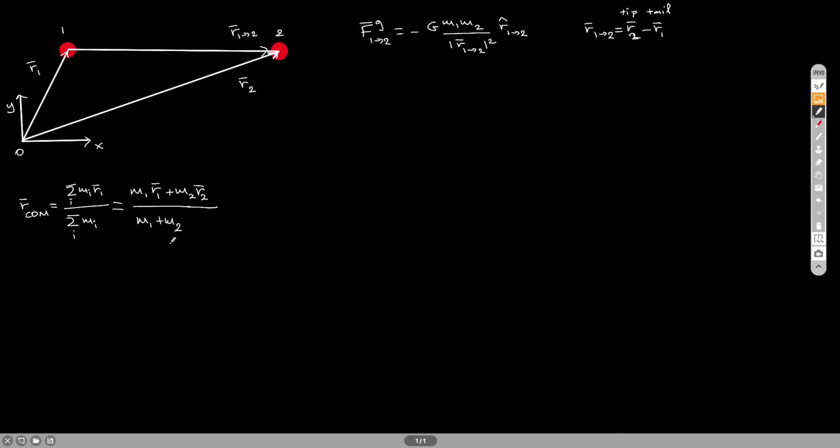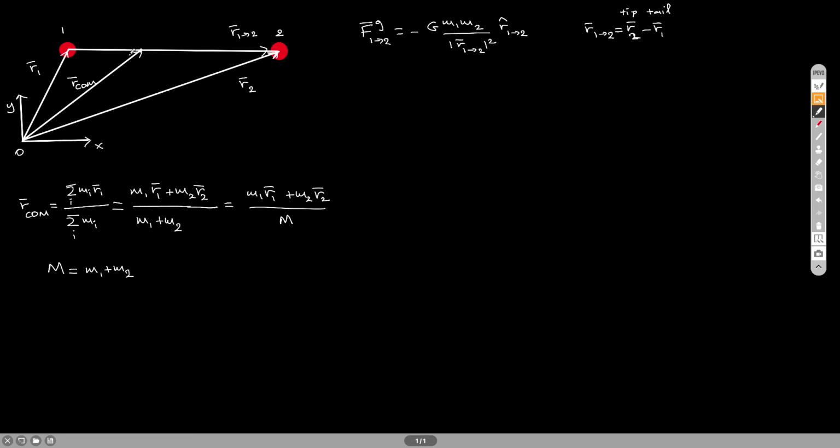Let's use the big M for the sum so that I will write less: m1 r1 plus m2 r2 divided by the big M. And we do know that the center of mass will be somewhere on this line, and the exact position really depends on the two masses. So this will be R of the center of mass. The center of mass will be here.